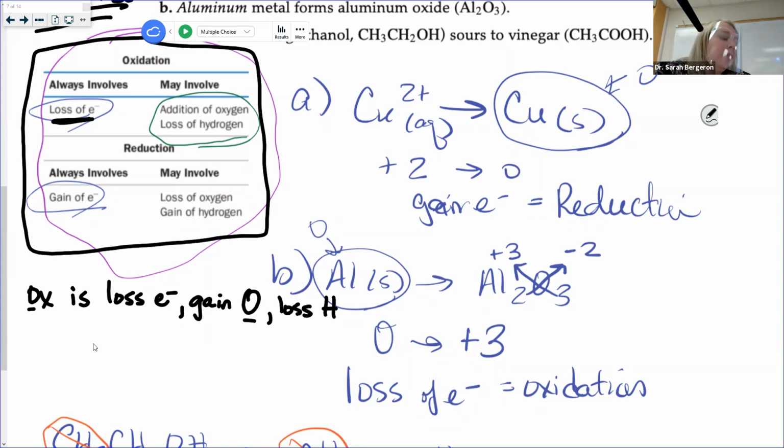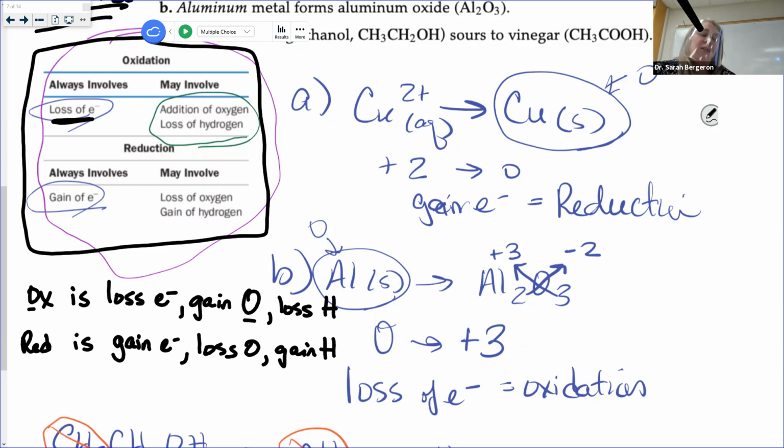But if you remember that oxidation starts with O, you're gaining oxygen. Okay, oxidation is loss of electrons, gain of oxygen, loss of hydrogen. Reduction is the opposite. So it's a gain of electrons, a loss of oxygen, and a gain of hydrogen.